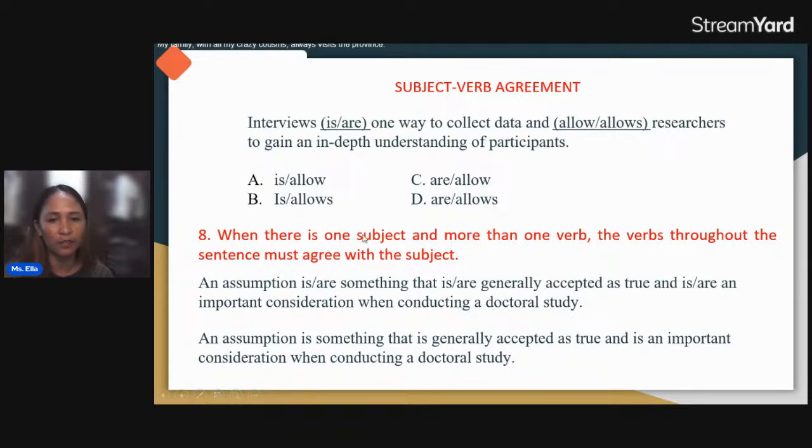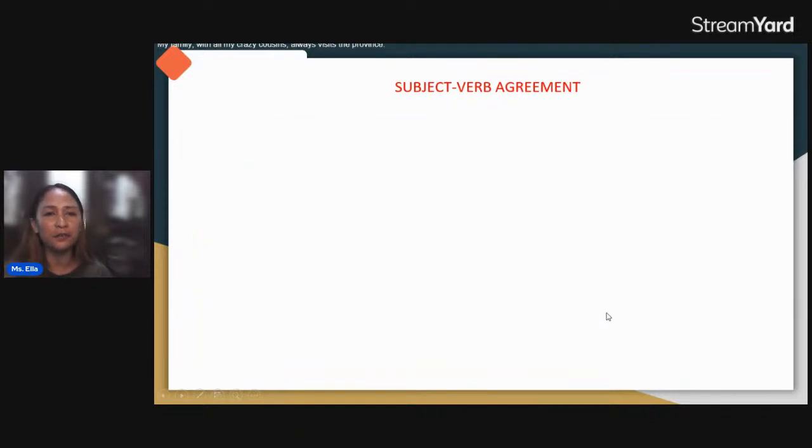Again, when there is one subject and more than one verb, the verbs throughout the sentence must agree with the subject. It does not change. If it starts with singular, it must end with singular if there's only one subject.